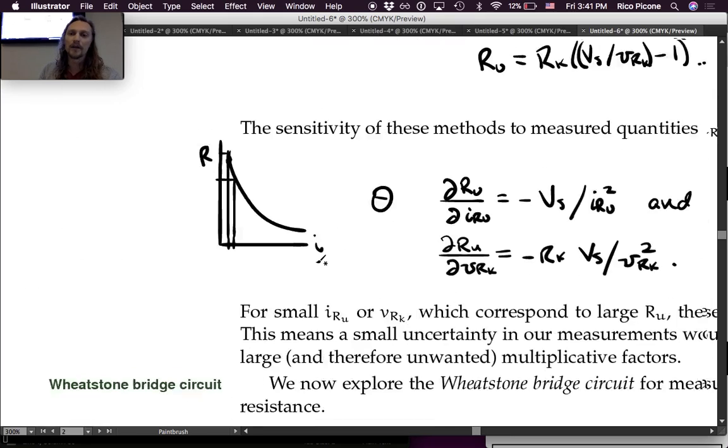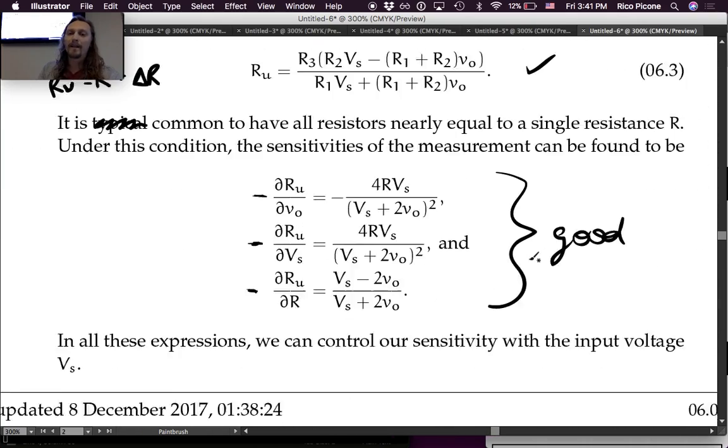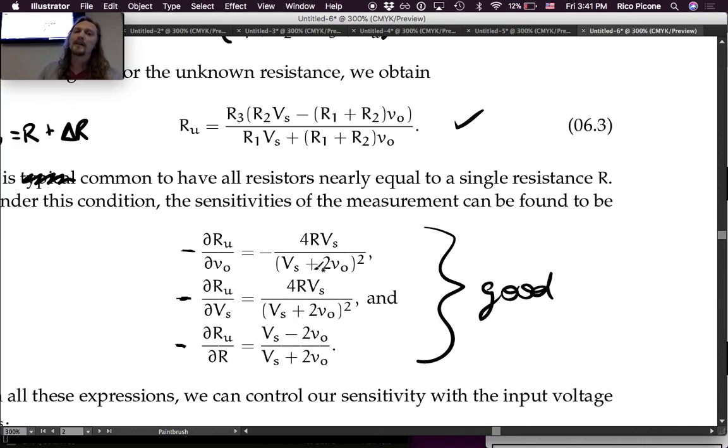It was over here, where we had something small in the denominator that went to 0, squared. But notice that the Vs shows up in every one of these denominators. So it wouldn't matter if it's small. V out can be 0 if you want, and we still don't have this crazy sensitivity.